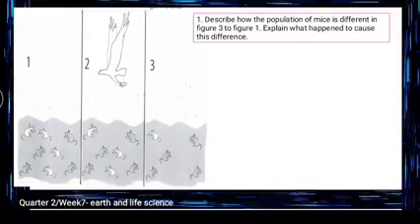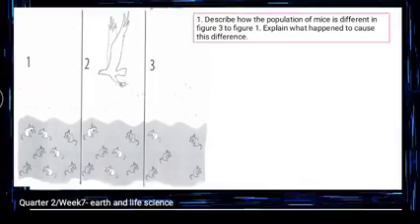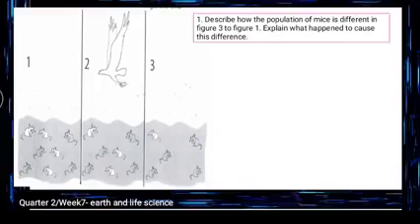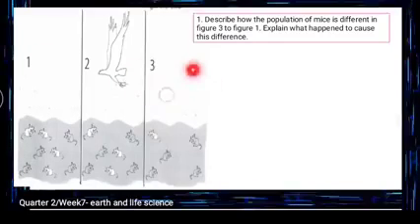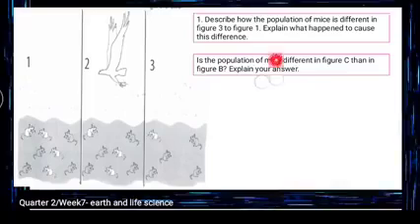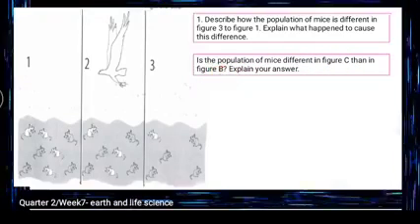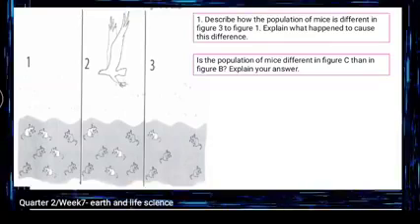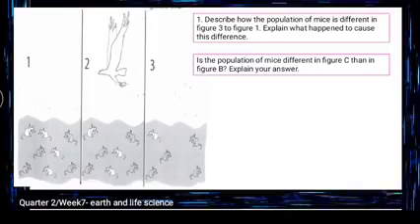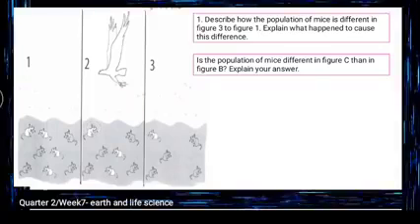What are their differences? Explain what happened to cause this difference. Observe 1 and 3. Second: is the population of mice different in Figure C than in Figure B? Explain your answer.